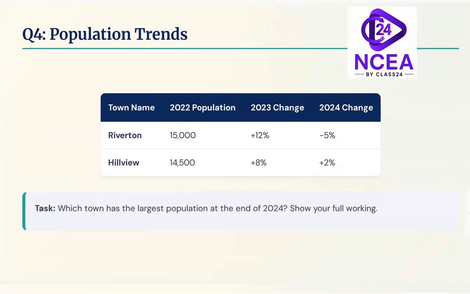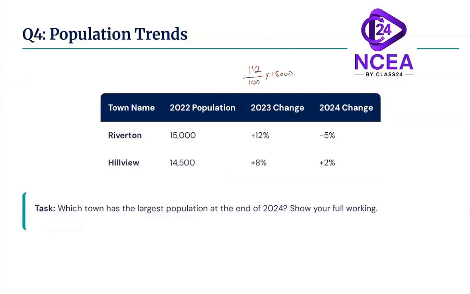Okay, so first of all, we are calculating for Riverton. In Riverton, in 2023, there is an increase of 12%. That means the total population will be 112% of 15,000. So 112 by 100 into 15,000.